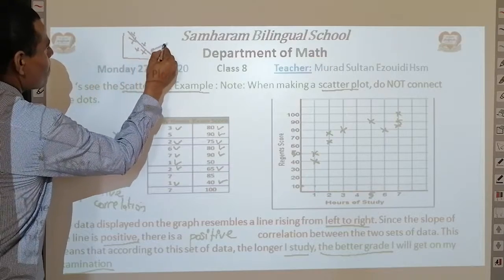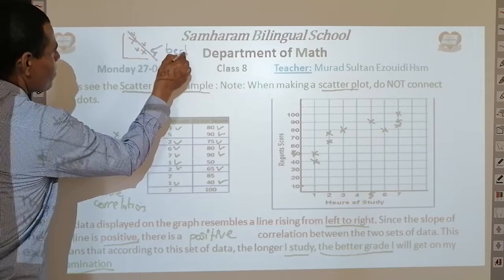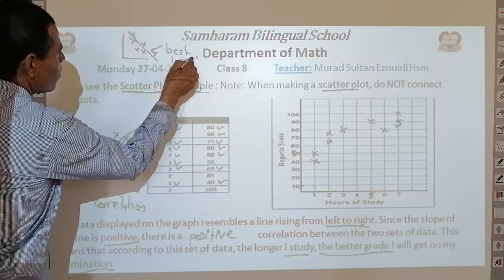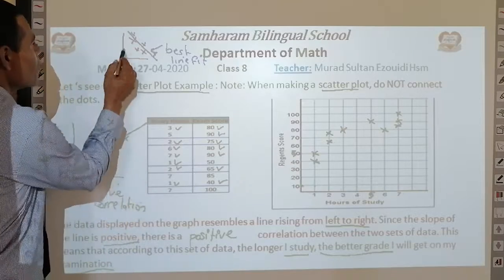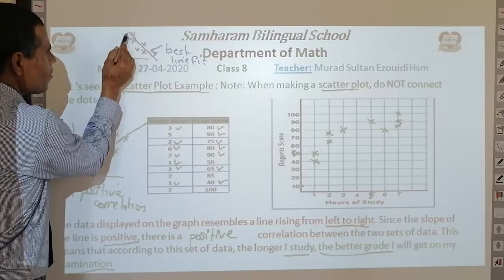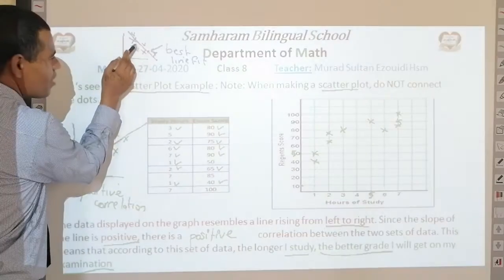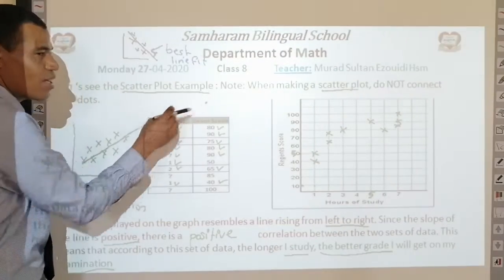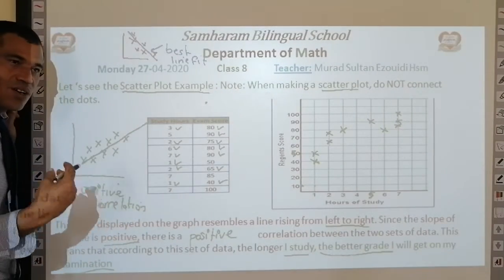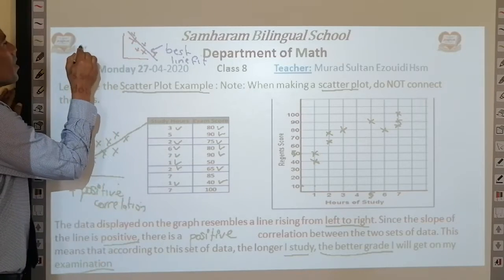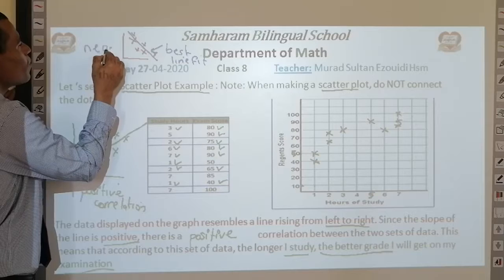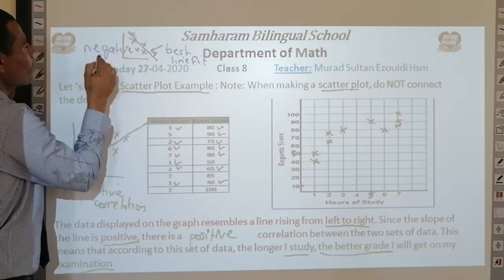This line is called the best line fit. You will see this next year, not this year, but I'm explaining something for you. The graph of this line is going downwards, so it has a negative gradient or a negative slope. So as the slope is negative, we can say that it's a negative what? Negative correlation.